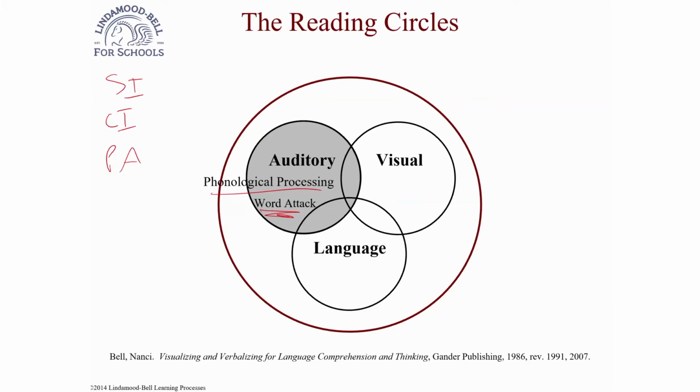But word attack skills are not the only component that's needed to be an effective reader. You have to be able to recognize words instantly. We can't continue to break down words into parts. Students cannot look at a word like tap and just go t-ap every time.